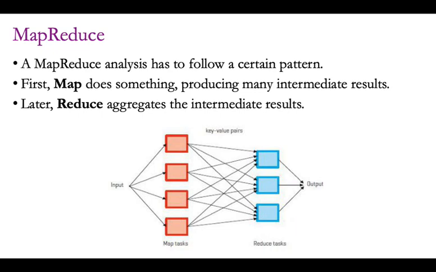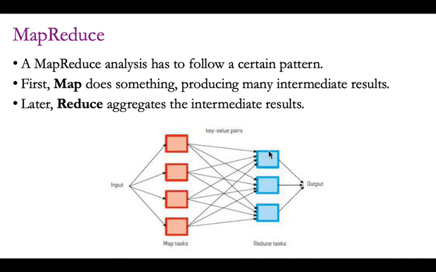So MapReduce, what is MapReduce? It's a way of taking a task and breaking it into two steps, a mapping step and a reduce step. And each of those happens in parallel. There are many maps that happen, there are many reduces that happen, but it happens in two stages. So you have some input, and you write some code for map that takes an input and produces a bunch of outputs. And that is run on many different inputs, again producing many outputs.